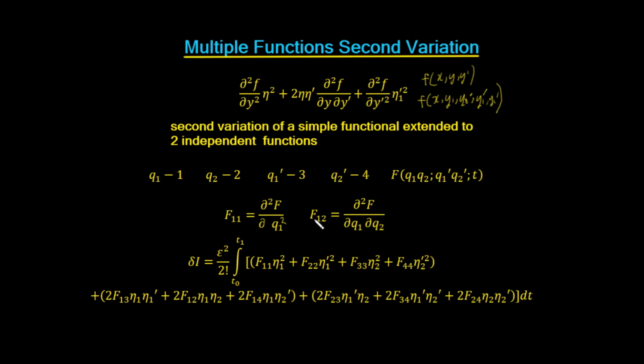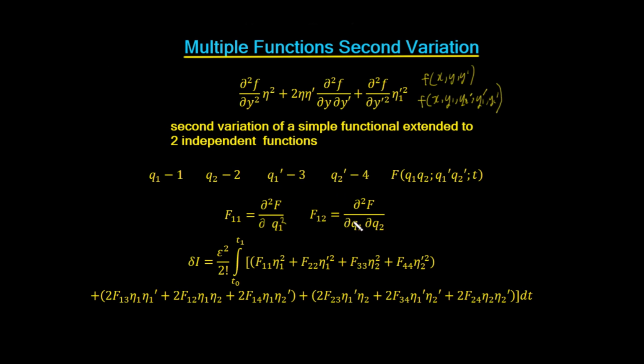Another example would be f12. The top line would remain the same, but f1 is going to be q1, and f2 is going to be q2, so we'd simply have q1, q2. If we had something like f14, then it would be partial squared f by partial q1 times partial q2 derivative. So that allows us to simplify all of the different differentiations that we can do.